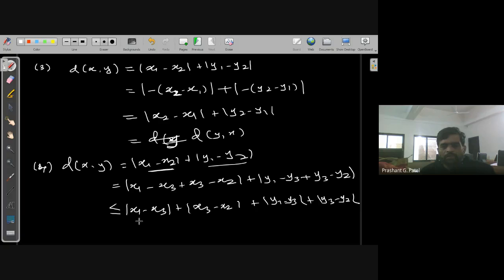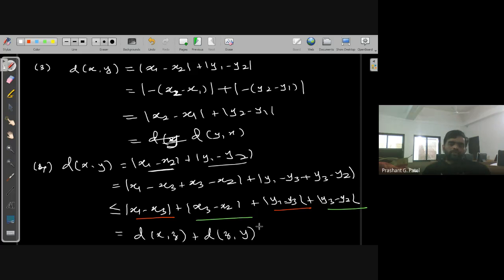And if we now combine these two moduli and these two moduli, the red one gives you d of (x, z), because we have defined z as (x3, y3), and this green one gives you d of (z, y).